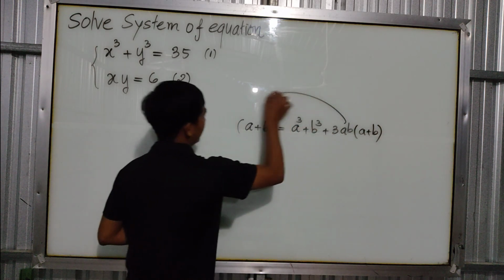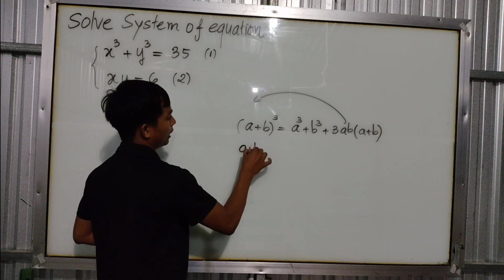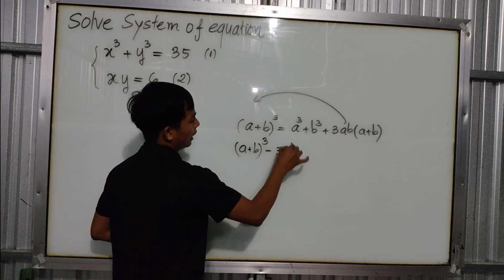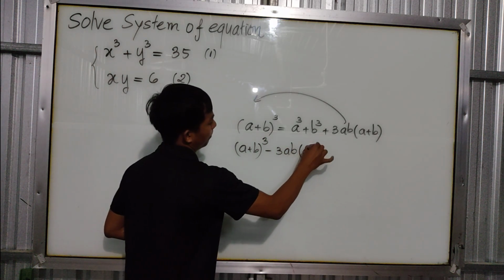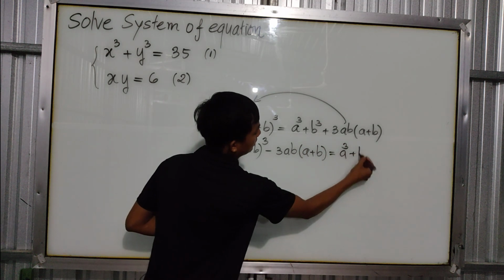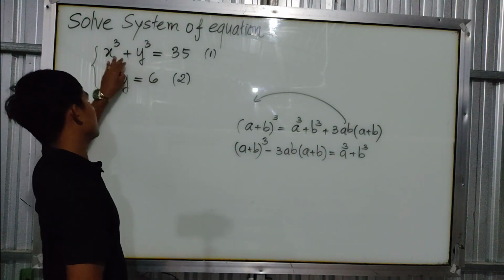I change it to the left-hand side, so we get (a plus b) all power 3 minus 3ab multiplied by (a plus b) is equal to a power 3 plus b power 3. Now we use this.